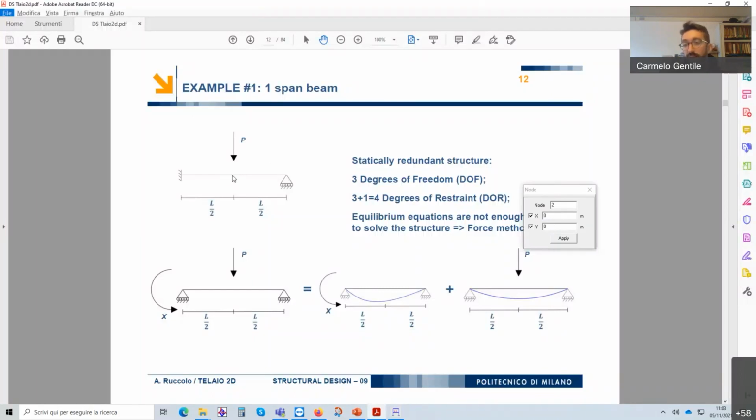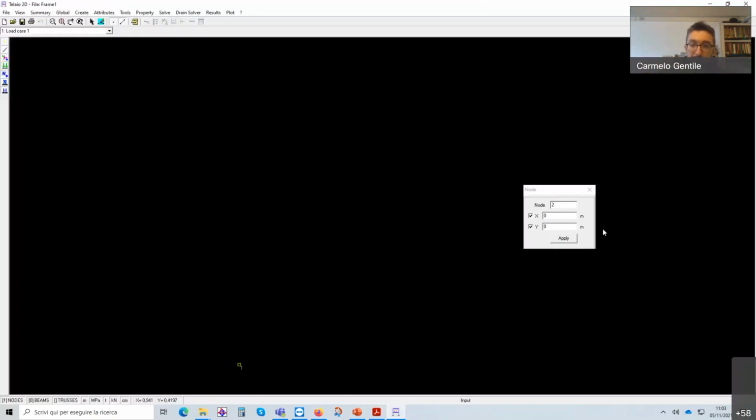We have to define a node every time the geometry changes or every time a load condition is applied. So we have a concentrated load, or we have the beginning or the end of the distributed load, or whatever. So in this case, we need a point in the midspan. We said that the span is 5 meters, so node 2 will be at 2.5.